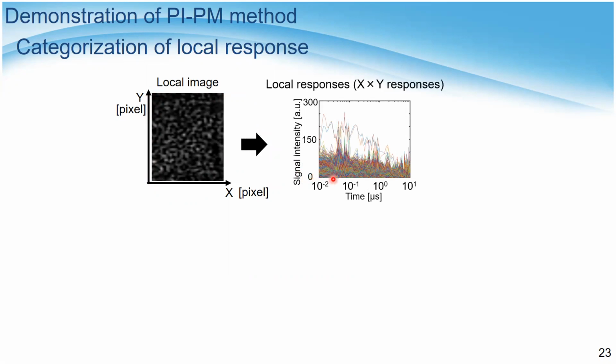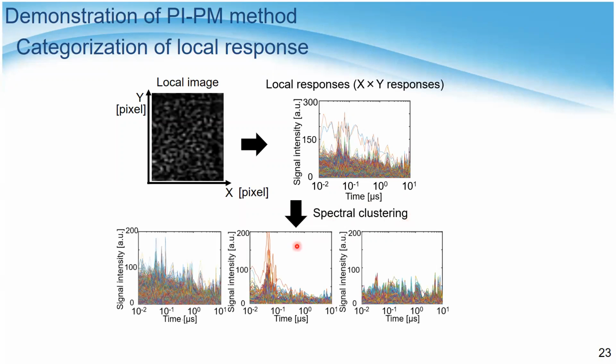In this region, we could obtain many responses, and by using the spectral clustering technique, we could categorize them into three responses. One of them is similar to the average response, but we could find a very sharp, short response like this. And also we could find regions with no response.